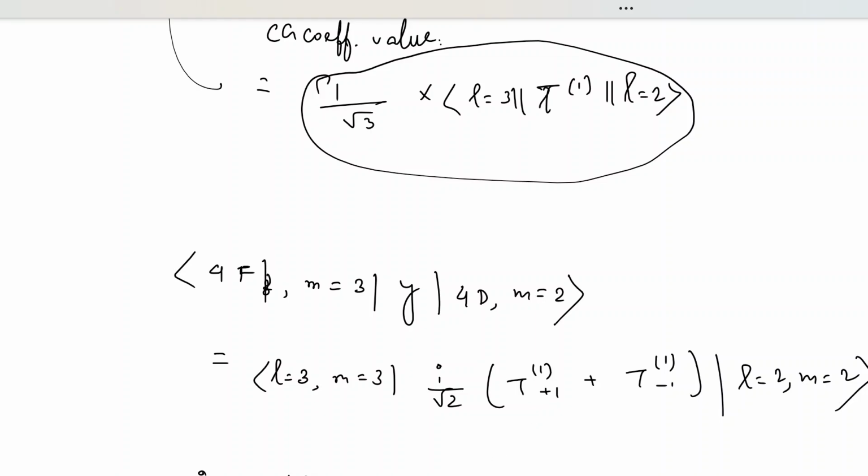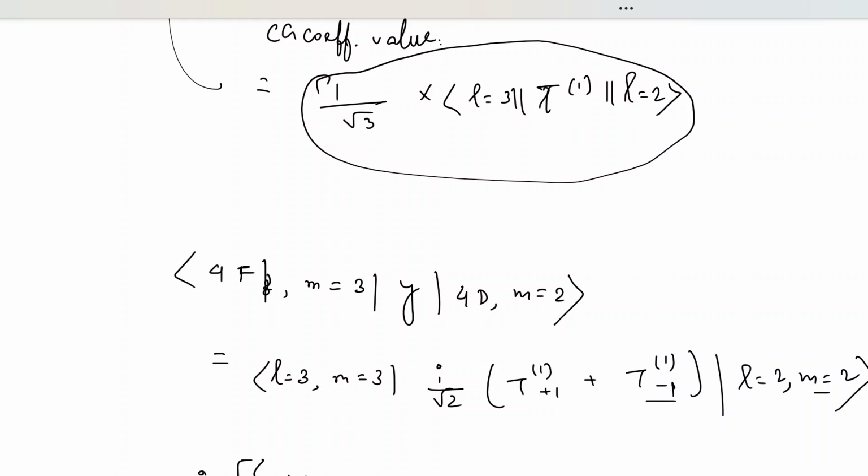So here m1 equal to plus 1, and from here m2 equal to 2. Cross the other term which is only dependent on L, so L equal to 3, then T only 1, and then L equal to 2.